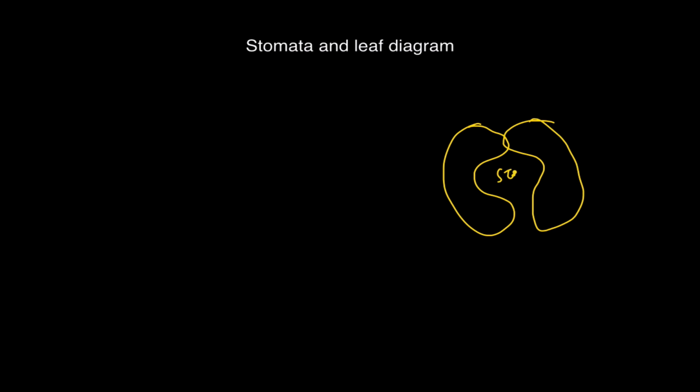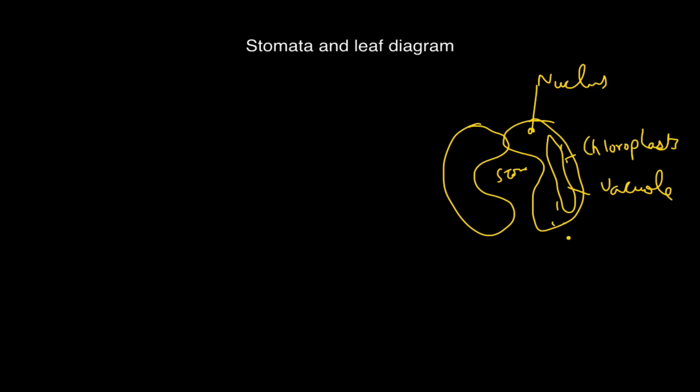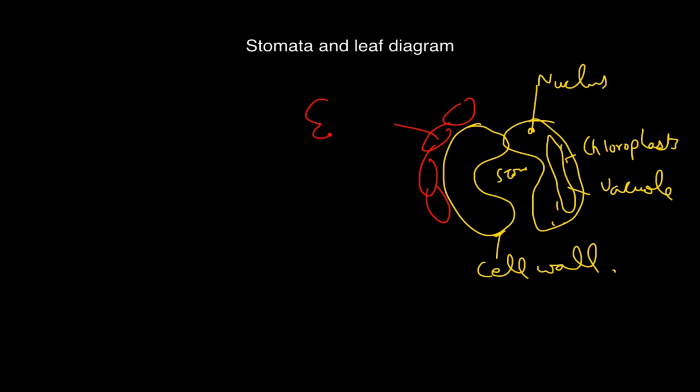So this opening is called the stoma. Now obviously it will have a nucleus, then some green structures called chloroplasts, which are nothing but chlorophyll containing. Now there will be vacuoles, big vacuoles storing water and food. This is very common in plant cells. This entire structure is called guard cells, and there will be a thick cell wall because it's a plant structure, and it will be surrounded by epidermis or epidermal cells.